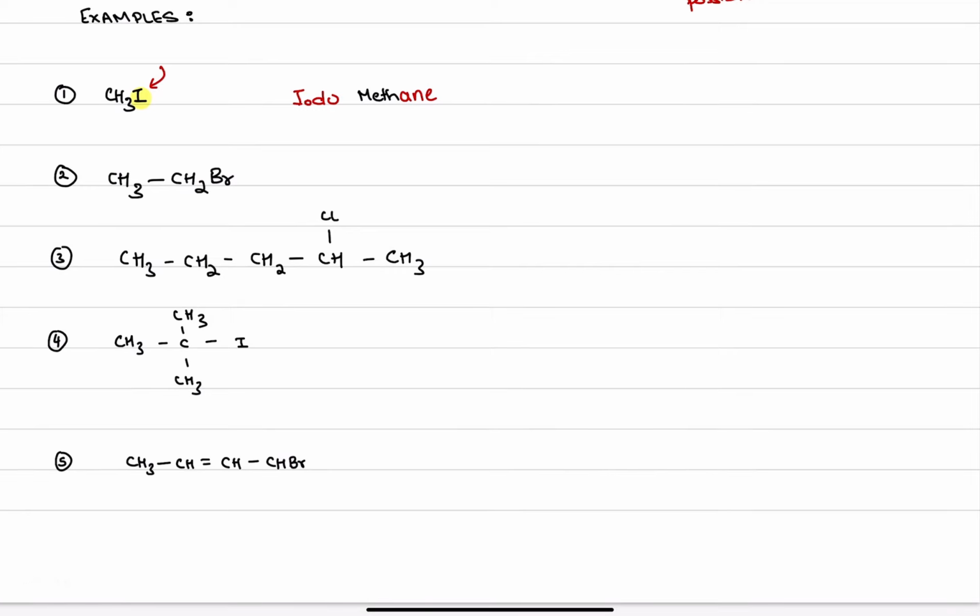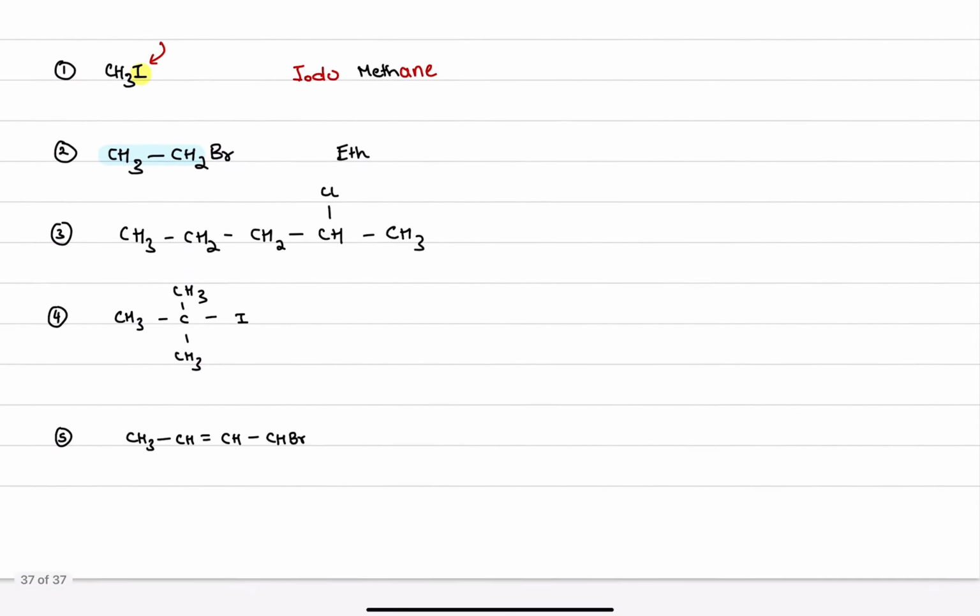Now let's do another example. I can see there is a 2 carbon chain, so it will have the prefix eth. First we decide our prefix, that is eth. The second thing is the suffix, and the suffix remains ane as we have already discussed.